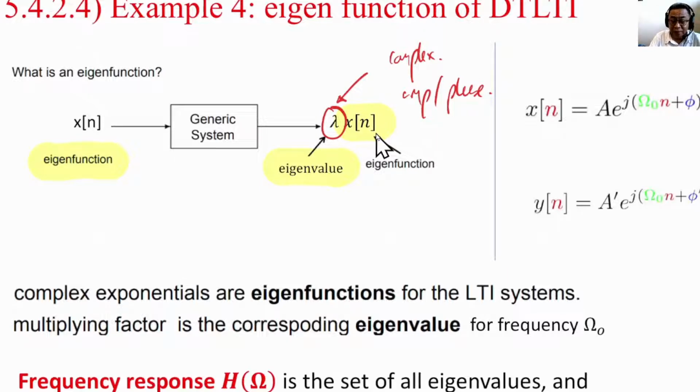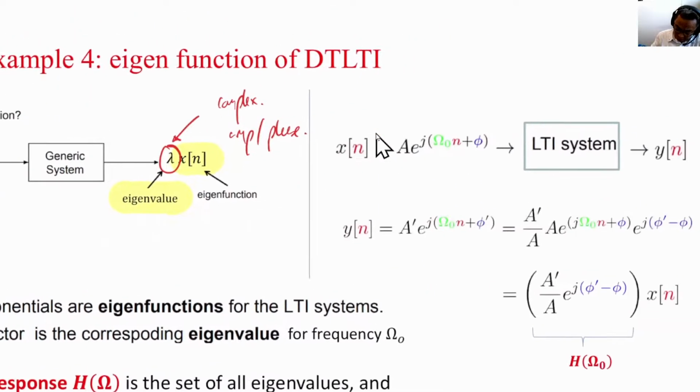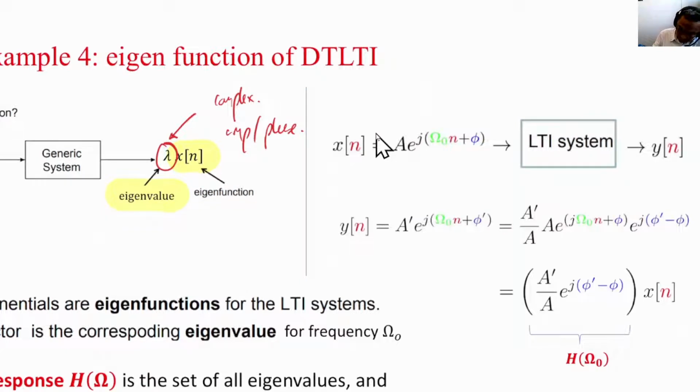When x[n] is the complex exponential, it is a real and imaginary part for every term x[n]. So let's have this example where our complex exponential has amplitude A, frequency omega naught, and initial phase phi.